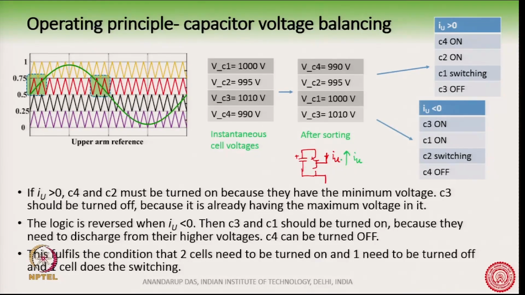So, I will of course try to discharge C3 and C1 because they have the highest voltage. So, I have made C3 fully turned on and C1 fully turned on here.